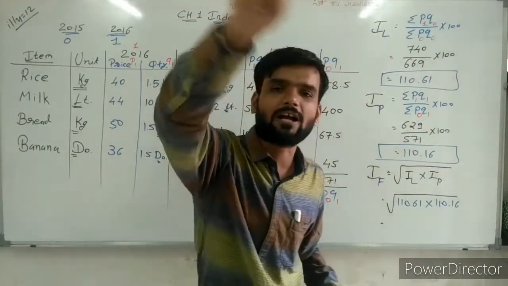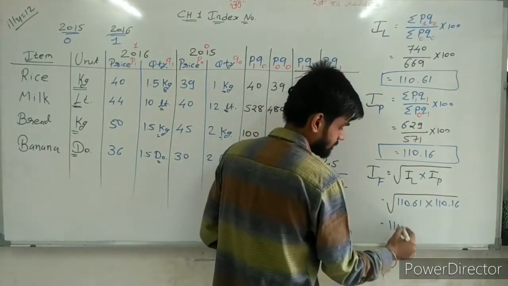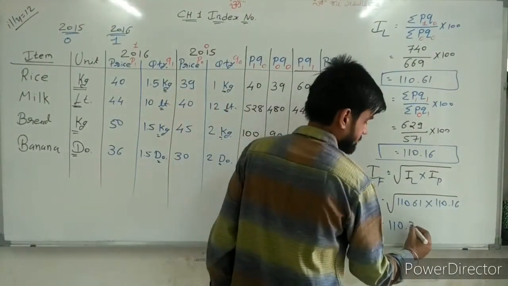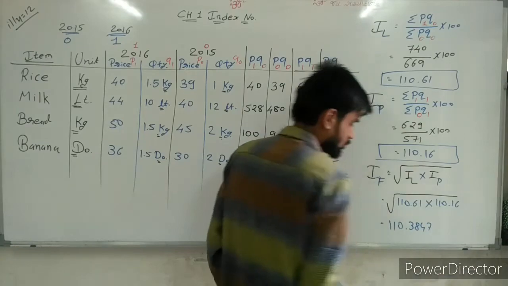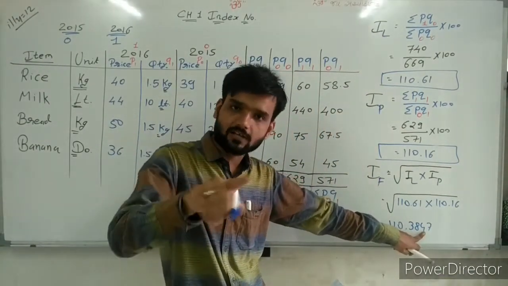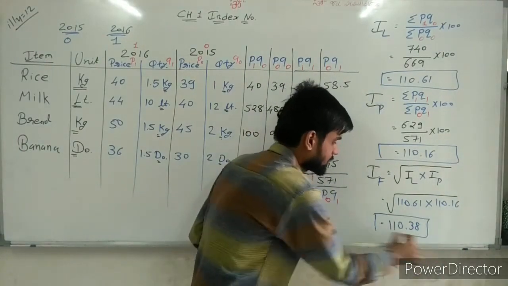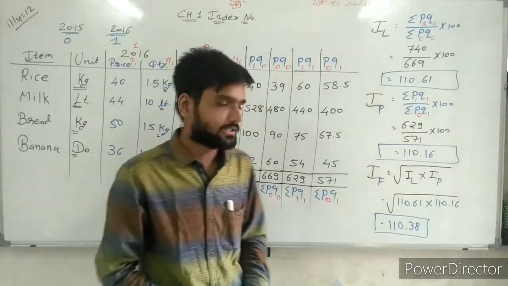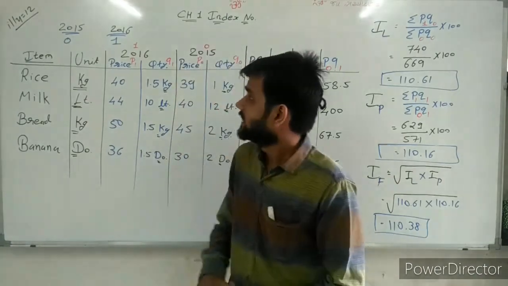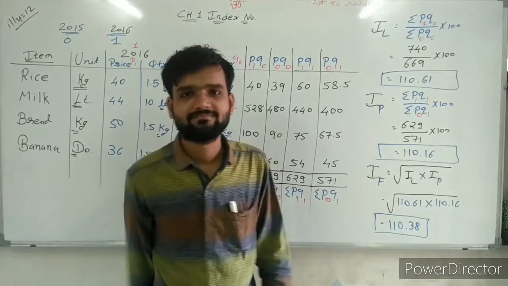So first multiply, then find its root, and its answer is 110.3847. So approximately I can write 110.38 because the third digit is less than 5. So I can write Fisher index number is 110.38. So my illustration number 12 is 100% completed.